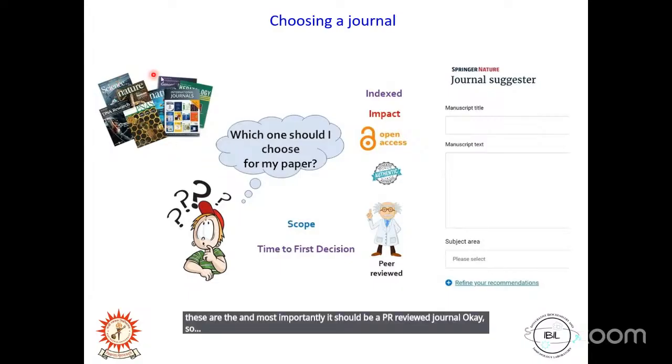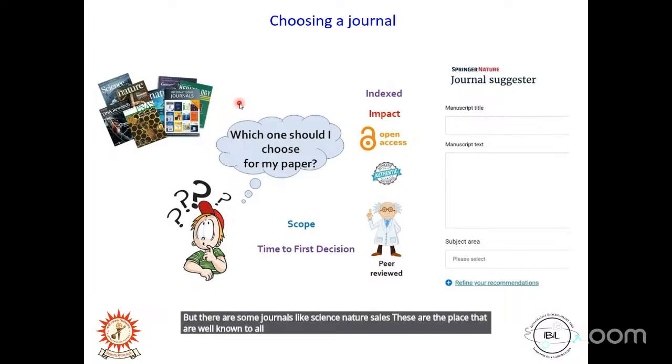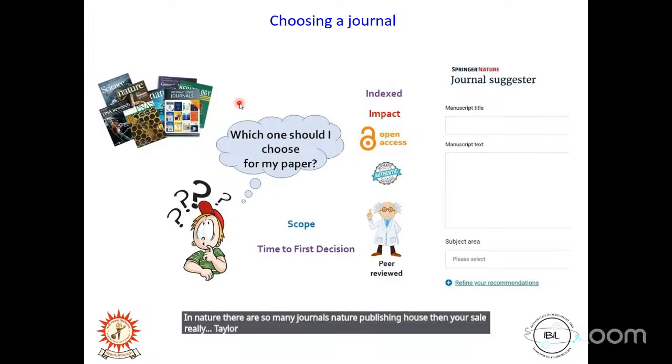But there are some journals like Science, Nature, Cell. These are the presses that are well known to all. And if you publish in any of these journals, like Science, there will be Science Immunology, Science Advances, Science Signaling. In Nature, there are so many journals, Nature Publishing House, then Cell, Wiley, Taylor and Francis. So these are very well known.